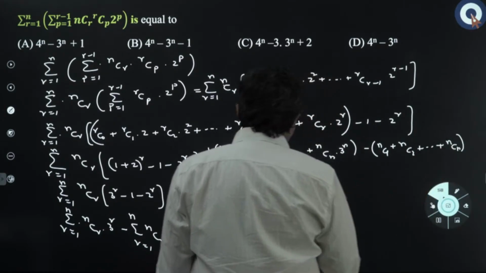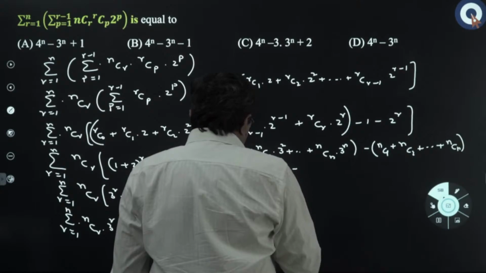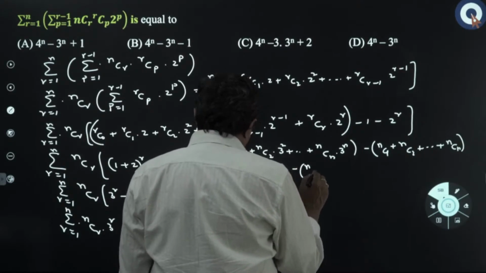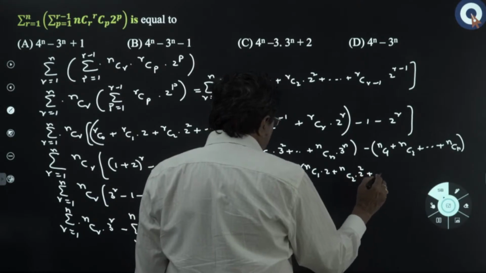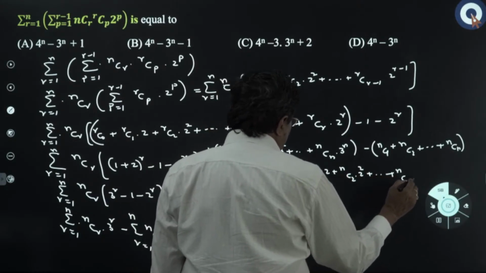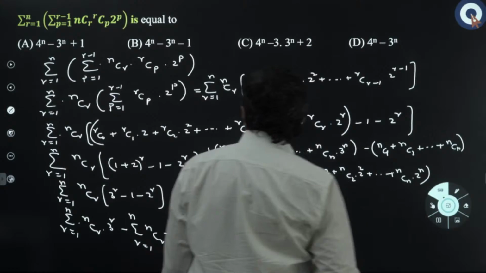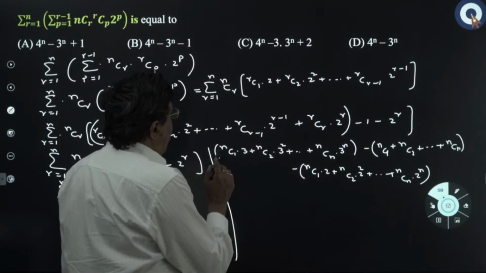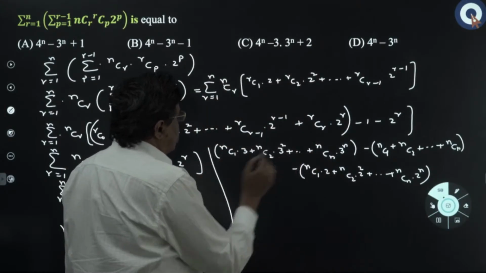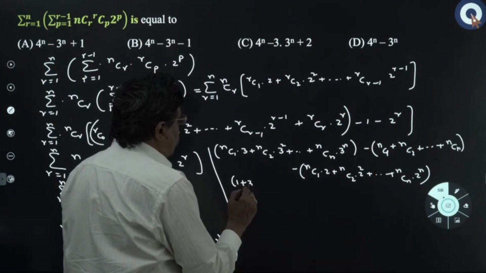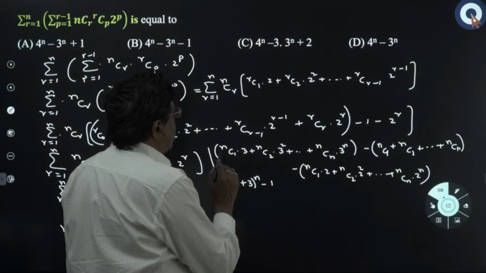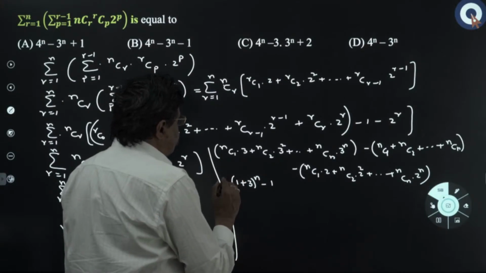And then the third one is nothing but NC1 into 2 plus NC2 into 2 square and so on plus NCN into 2 power n. So if I add plus 1 here, I must subtract 1, and this becomes 1 plus 3 whole power n expansion and minus 1, because NC0 we are adding.